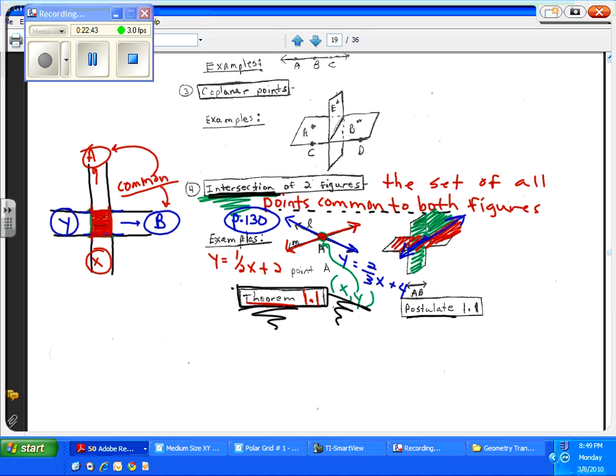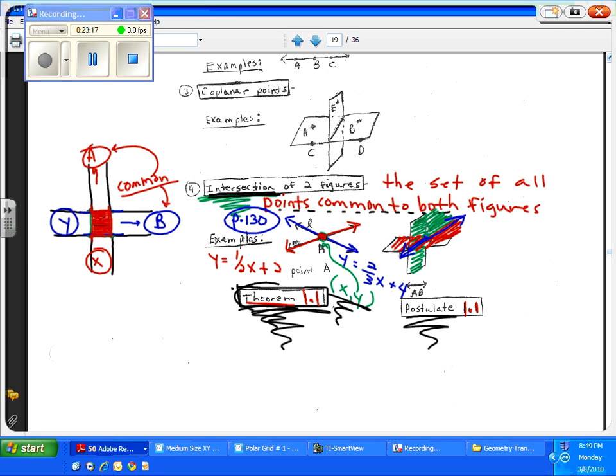Now, we didn't do that with some algebra solving skills or some rules that we put together. We used mental logic and experimentation to come up with this rule, and we call that a postulate. A postulate is a rule that's based on experimentation and mental logic, not necessarily derived from another set of rules that we pieced together and proved by some other mathematical facts that we already knew.